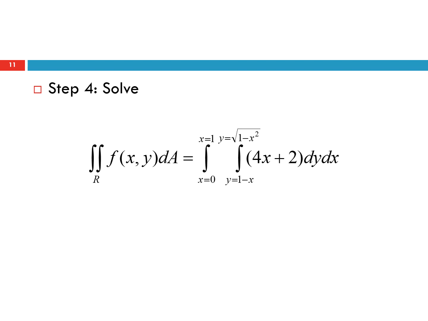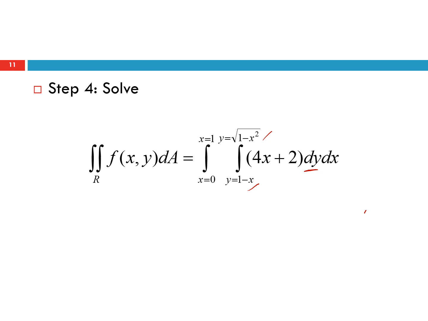Next, we move to the final step, which is to solve the integral. But before we solve it, we need to put in all the y and x limits of integration. For the y limits, the lower limit is 1 minus x and the upper limit is the square root of 1 minus x squared.